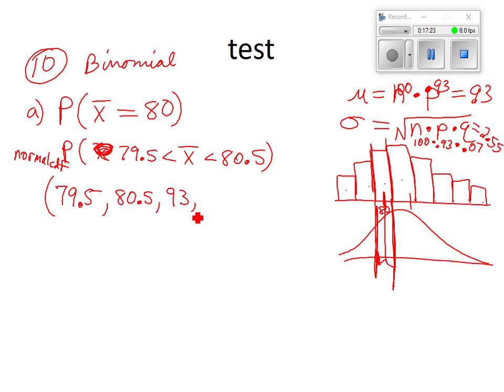What's our standard deviation? 2.55, is that right? That's right. We punch all that in the calculator. What's the area of this space right here then?